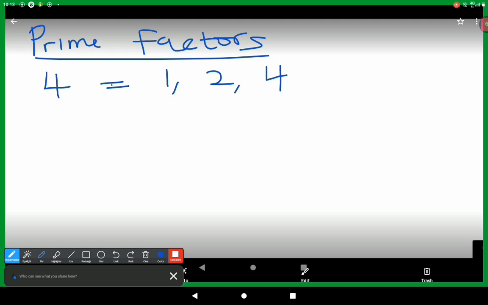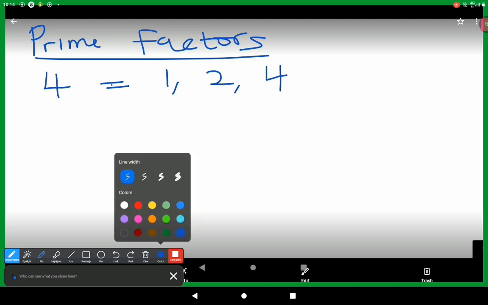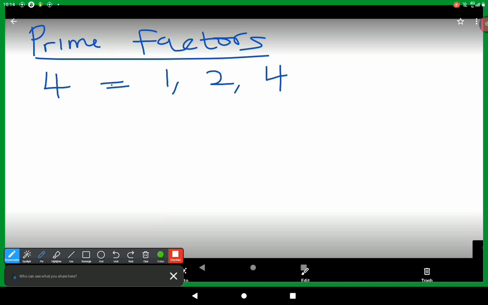But mind you, 4 is not a prime number, so we cannot categorize 4 as a prime factor. So if they ask you what are the prime factors of 4, then you can only choose the prime numbers among the factors, which are 1 and 2.